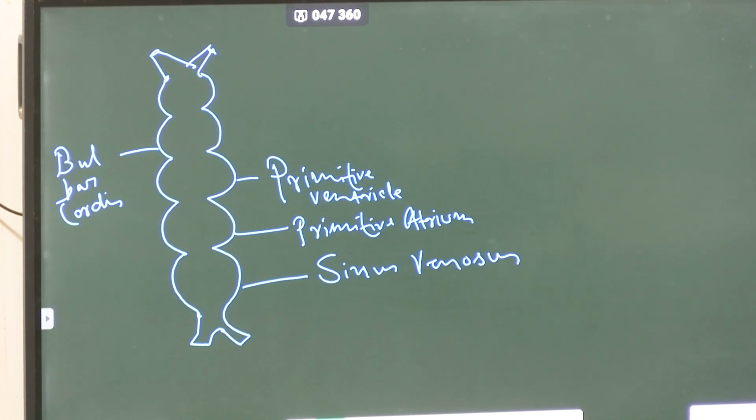You have to remember that name, and which part of the heart develops from each dilatation, you have to commit to memory. It will definitely come in your exam. Without studying development of heart, you will not go to your exam center.